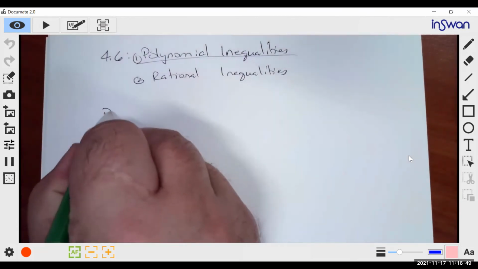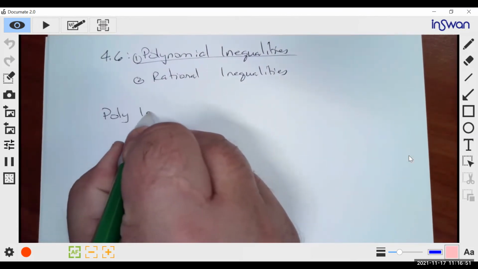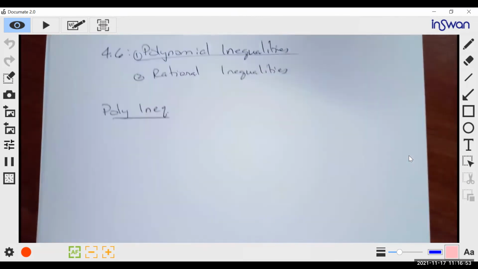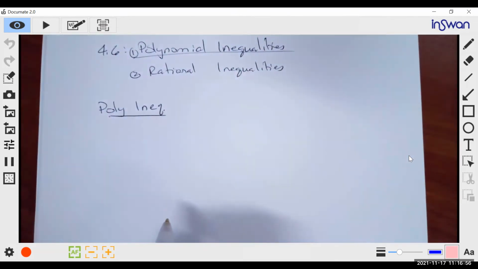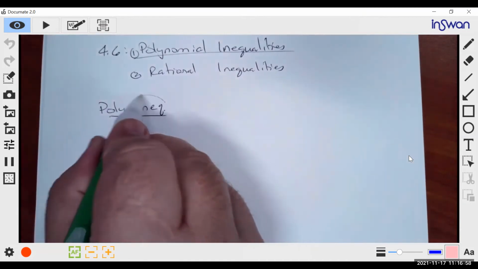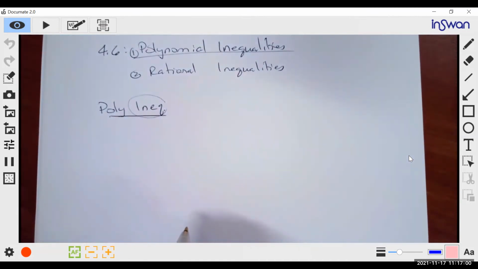Solving polynomial inequalities. We've done that already, except instead of inequalities, we had equal signs.